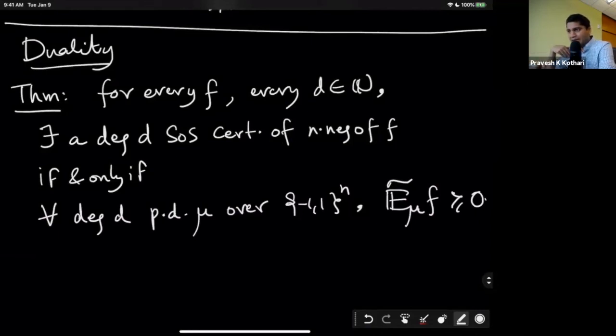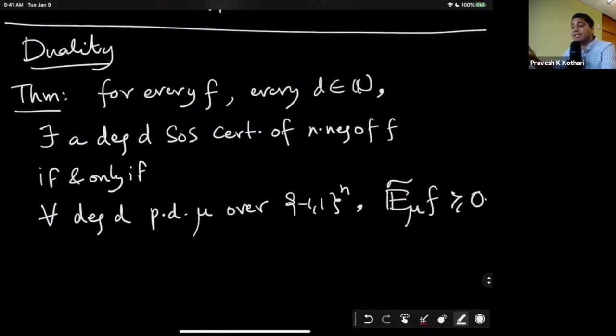The only if part of this theorem says that there must be some pseudo distribution mu such that the pseudo expectation of f is strictly negative. So in some sense, the non-trivial and interesting part of this theorem is that if f does not admit a degree d SOS certificate, then there must be a pseudo distribution under which its expectation becomes strictly negative.